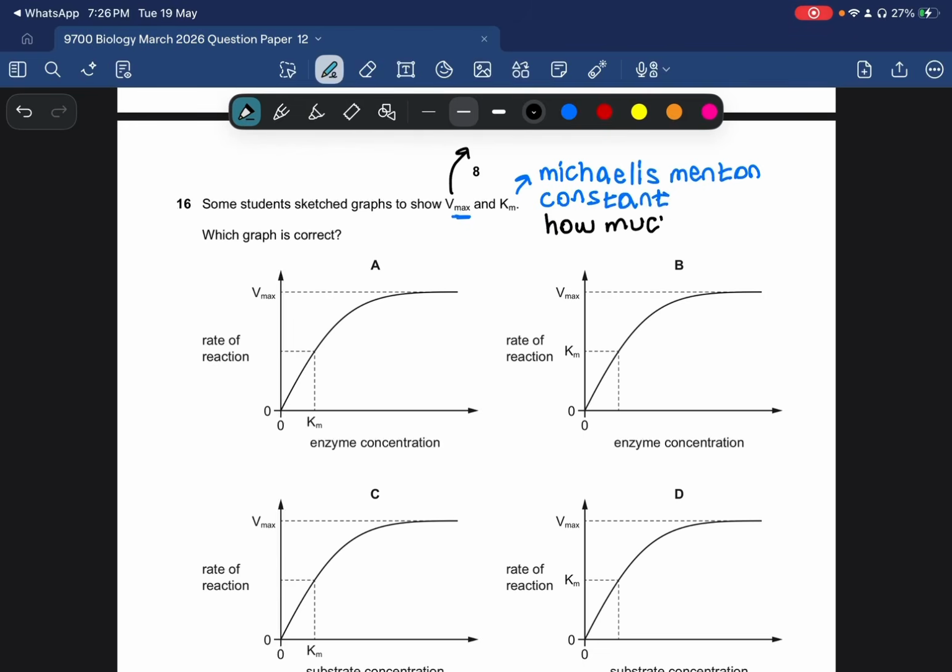This tells you how much substrate concentration is needed to achieve half Vmax.